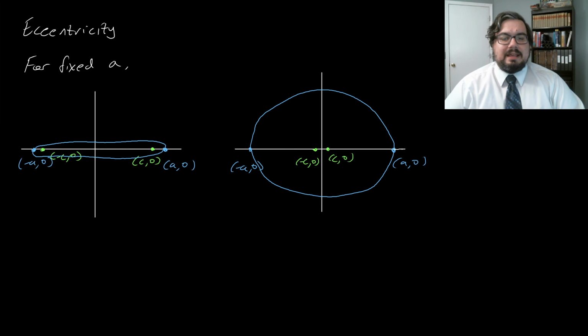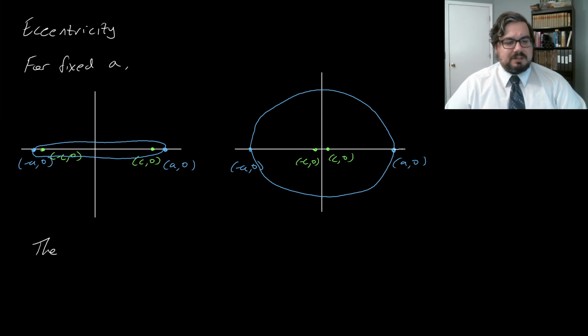We have a number that we sometimes use to describe how close to a circle an ellipse is. So that definition is the following.